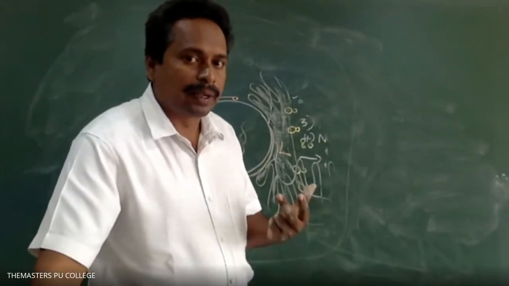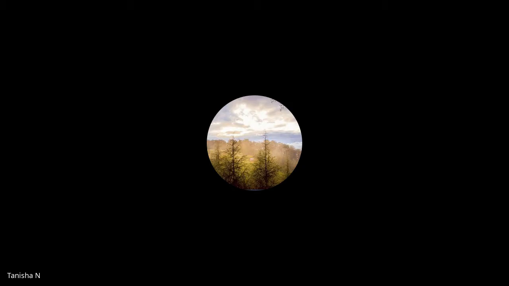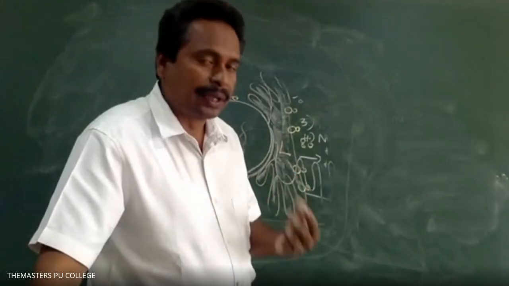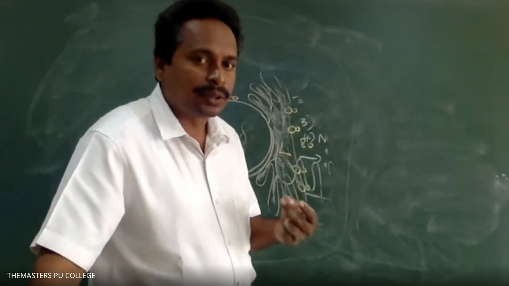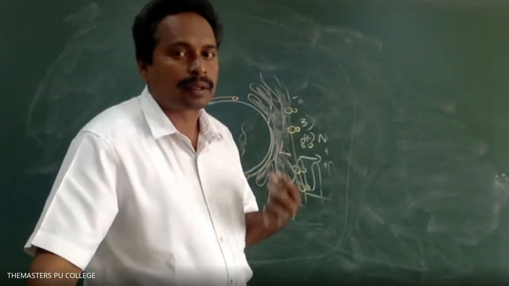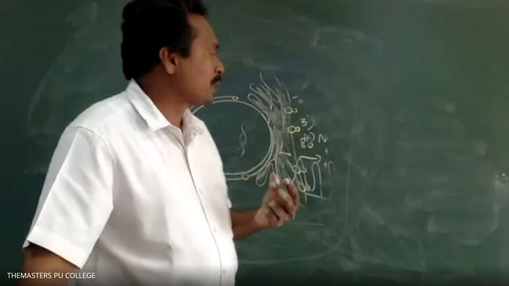The endoplasmic reticulum is attached to the outer membrane of the nucleus. It is associated with the nuclear membrane. The outer nuclear membrane is attached to the endoplasmic reticulum. Okay, sir. Thank you, sir.